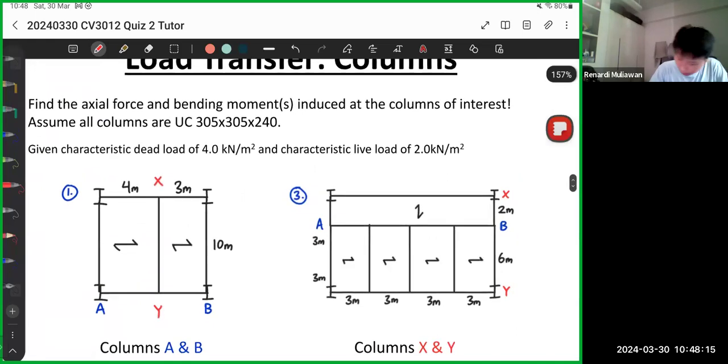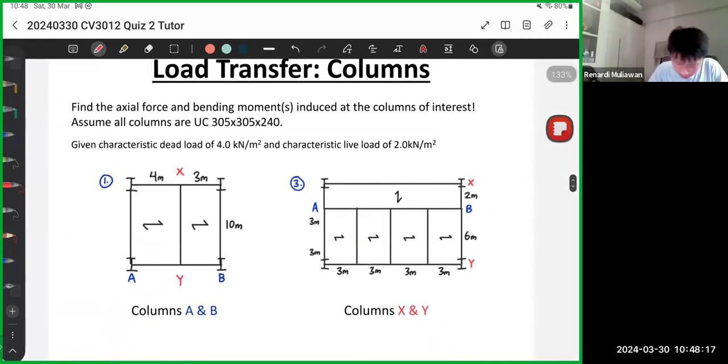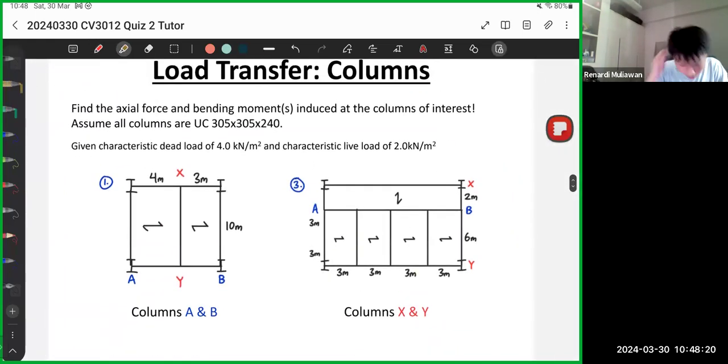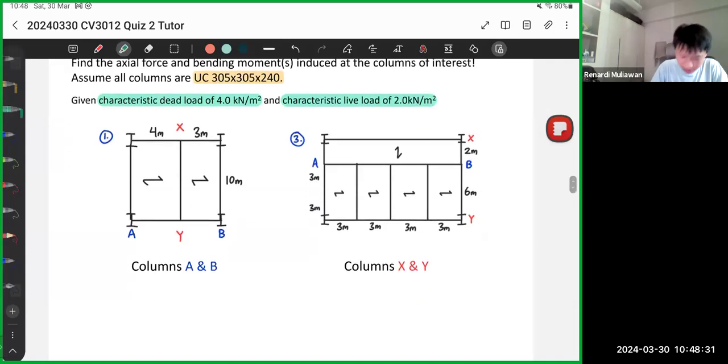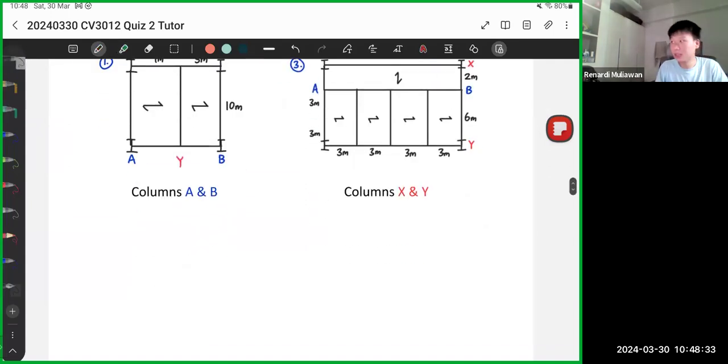So let's look at the questions. Now the columns are UC 305, 305, 240, and you are given the characteristic dead load and live load. As usual, we must find the design loading.